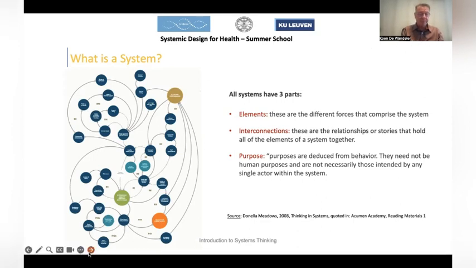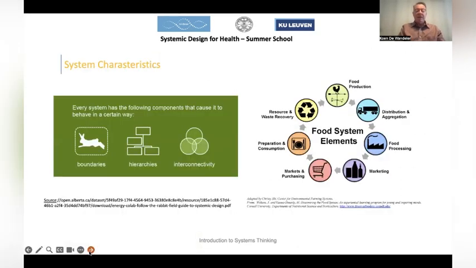Now, system characteristics. Every system has boundaries, hierarchies, and interconnectivity.